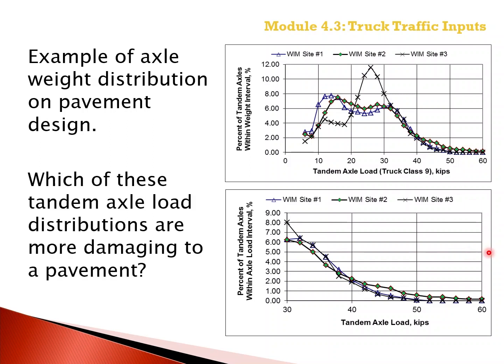So the question becomes, which of these tandem axle load distributions will do more damage to a pavement, whether flexible or rigid?